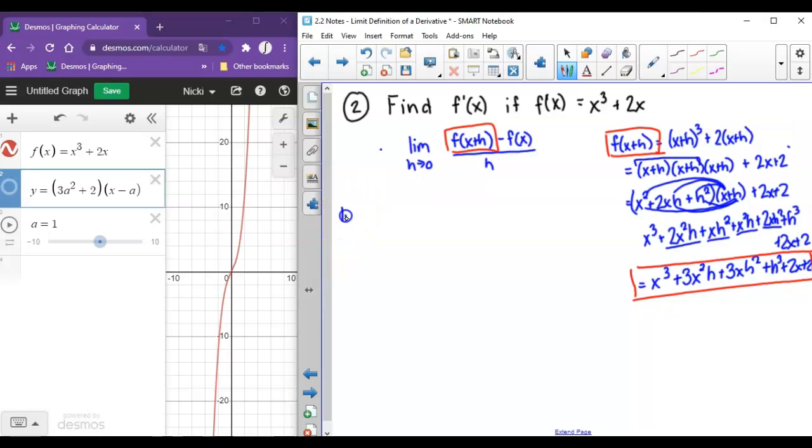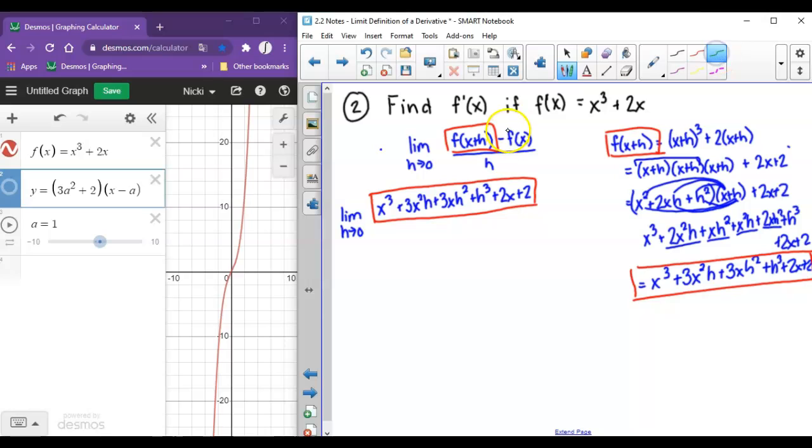And so what we've got is the limit as h approaches 0 of x to the third plus 3x squared h plus 3xh squared plus h to the third plus 2x plus 2. All I've done here is my f of x plus h.